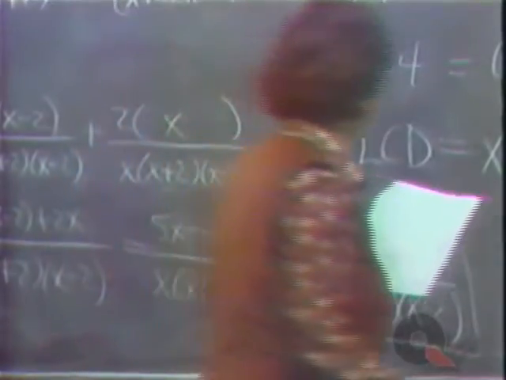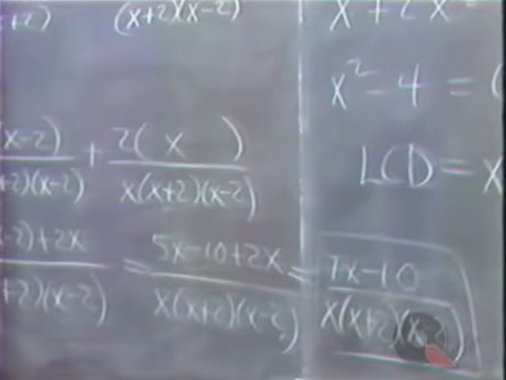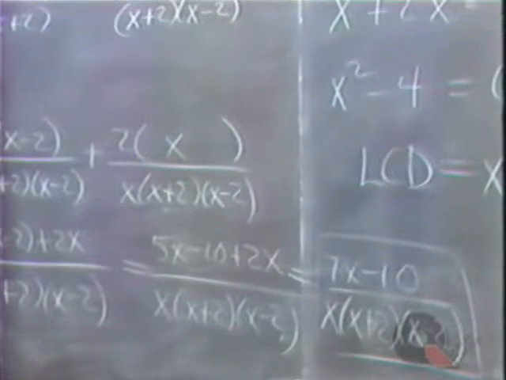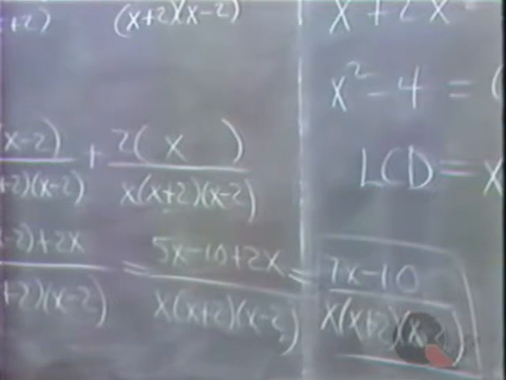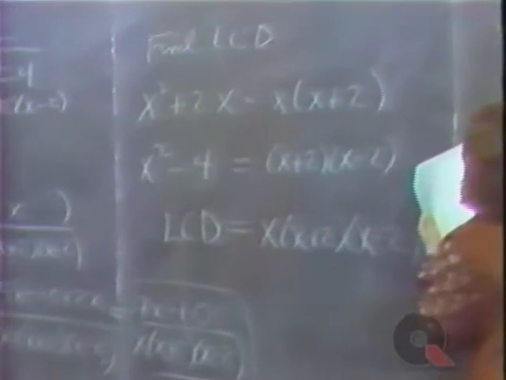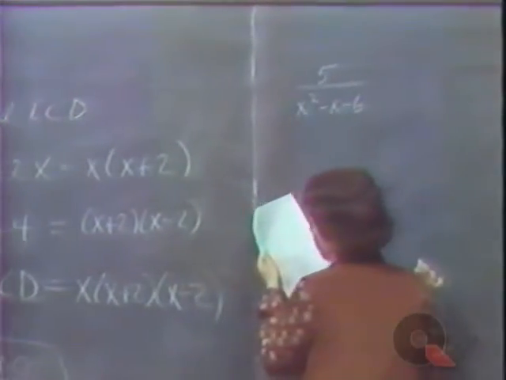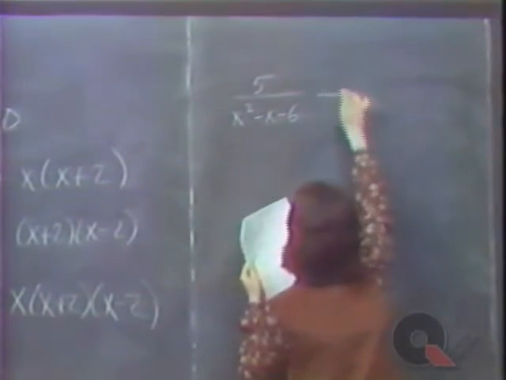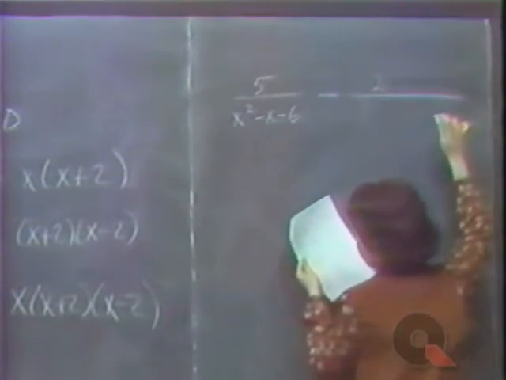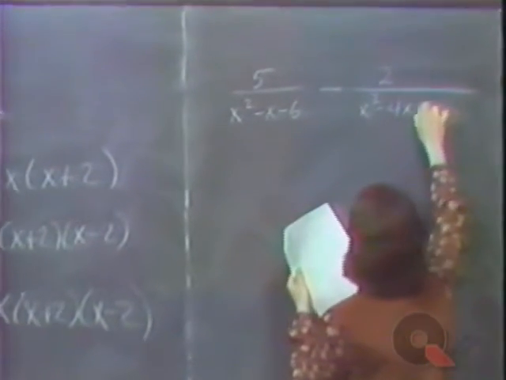Okay, let's try one more example. Five over x squared minus x minus 6, take away 2 over x squared minus 4x plus 3.